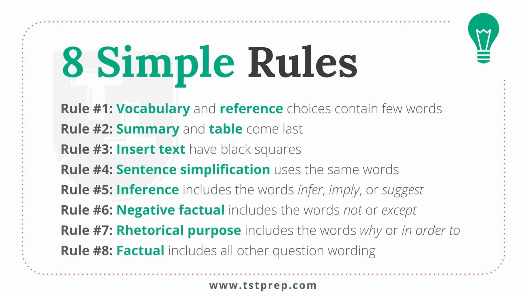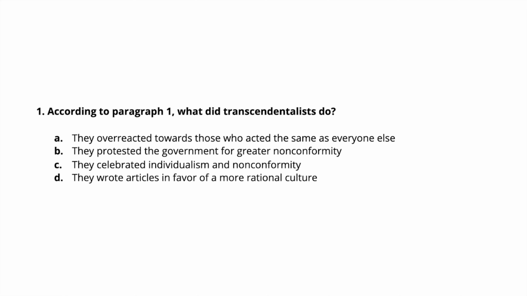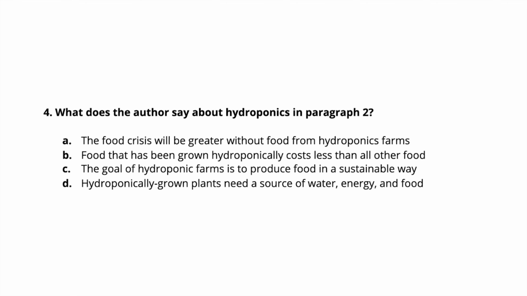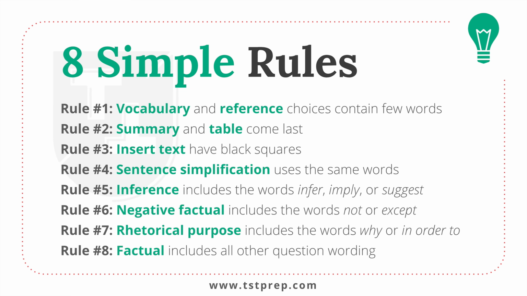Why is usually for author's purpose or rhetorical purpose questions. So these questions, for example here, according to paragraph 1, what did transcendentalists do? Or, for example, what does the author say about hydroponics in paragraph 2? So those are factual information questions. There's a lot of different ways that those are worded. I hope that was clear.